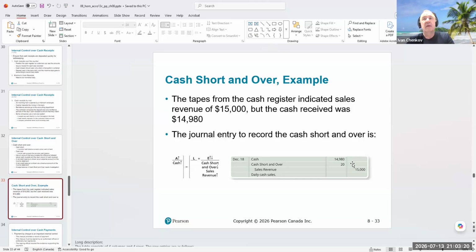So what are we going to do? We debit cash for 14,980, we credit revenue with 15,000, and the $20 goes to the account cash short and over. Since the balance is debit, it's going to be an expense in this case.